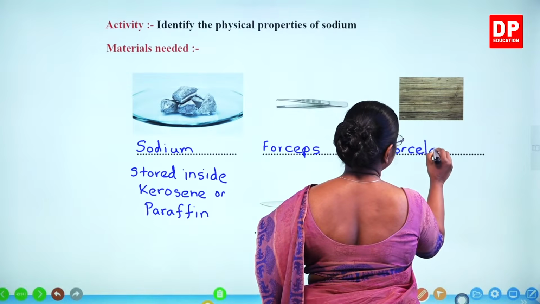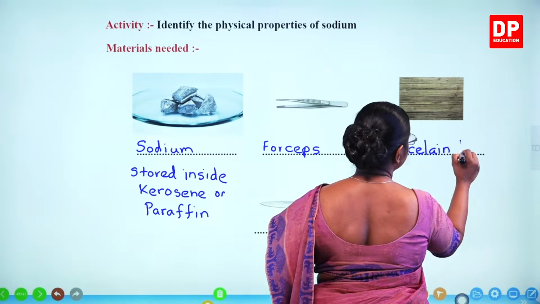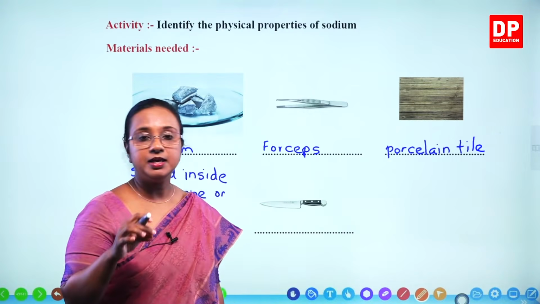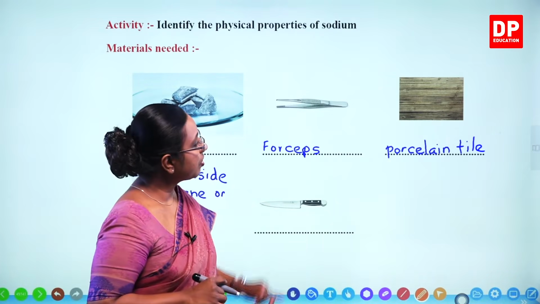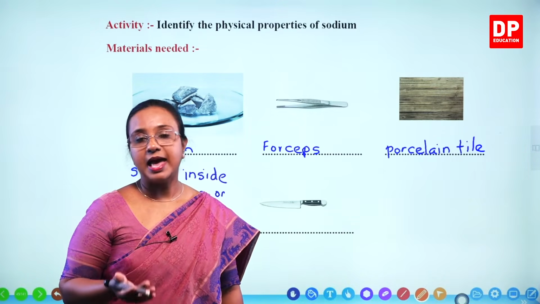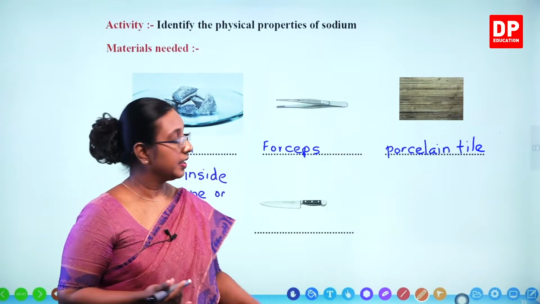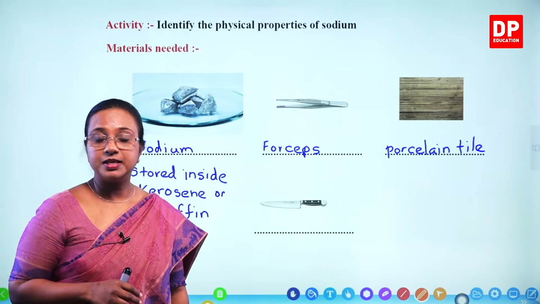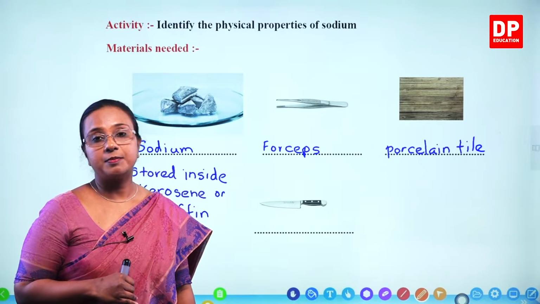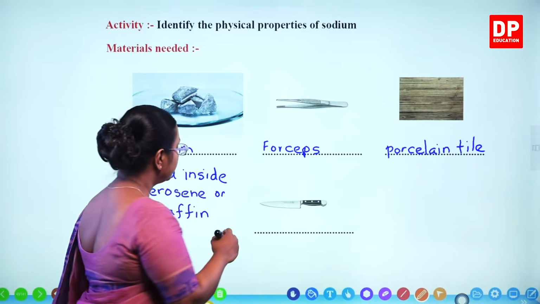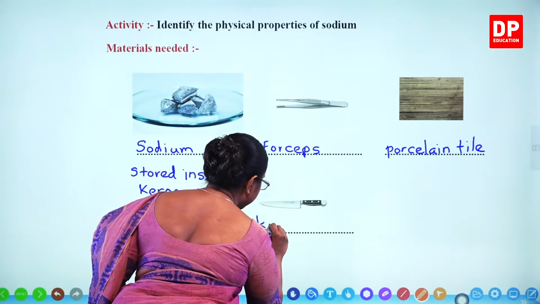We have to make sure that it does not react with the surface where we keep it. So a porcelain tile is ideal to keep the sodium and observe it. And since we are going to observe the physical properties, we need to cut the sodium. To do that, I will be using a knife.